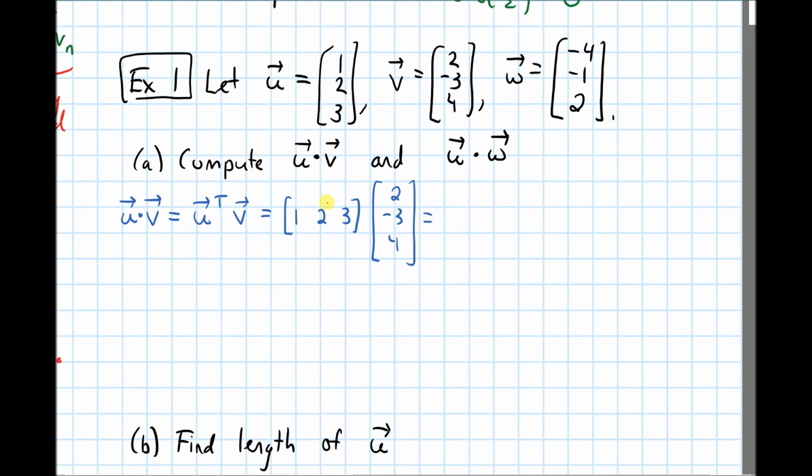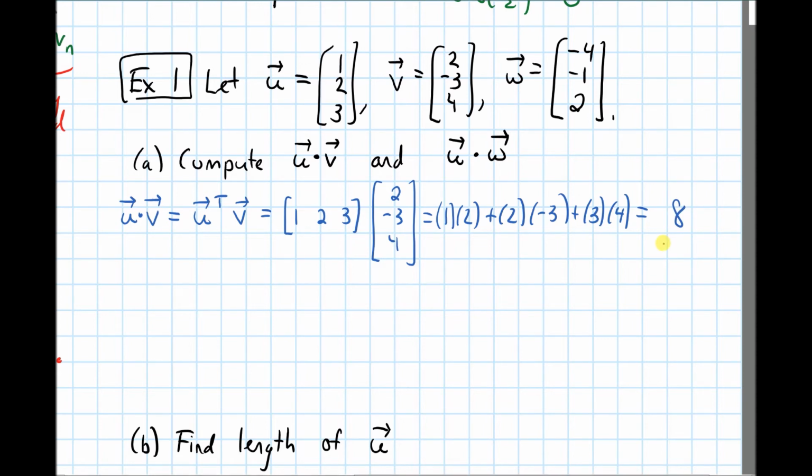And now multiplying these, I would get 1 multiplied with 2 plus 2 multiplied with negative 3 plus 3 multiplied with 4. If we work this out, we'll get 2 minus 6, so that's negative 4, added to 12, which is 8. So we end up getting 8.